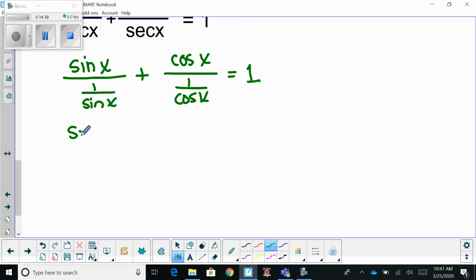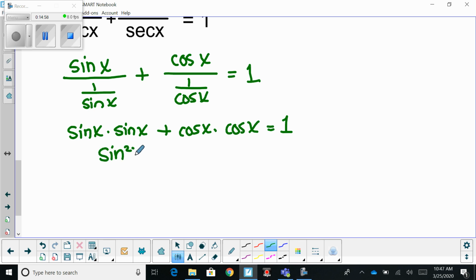So this will become a sine x times a sine x. This will become a cosine x times a cosine x. Keep the numerator, change to multiplication, flip the denominator. So now I have sine squared x plus cosine squared x equals 1.